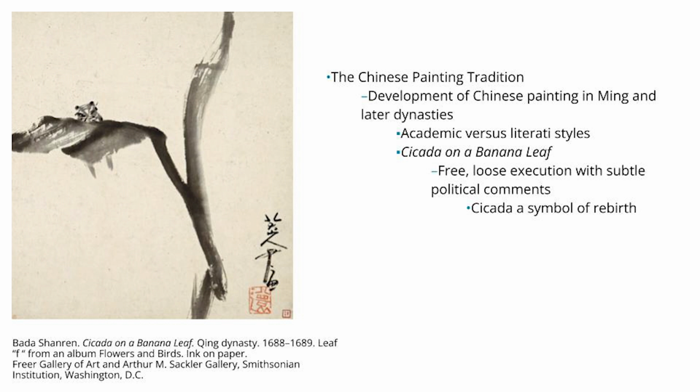And this had free, loose execution, but also had subtle political commentary. The cicada itself is a symbol of rebirth. And the artist, Bada Shanren, supposedly put the cicada there because of his hope for the resurrection of the Ming Dynasty, because this was soon after the Ming Dynasty came to a close.